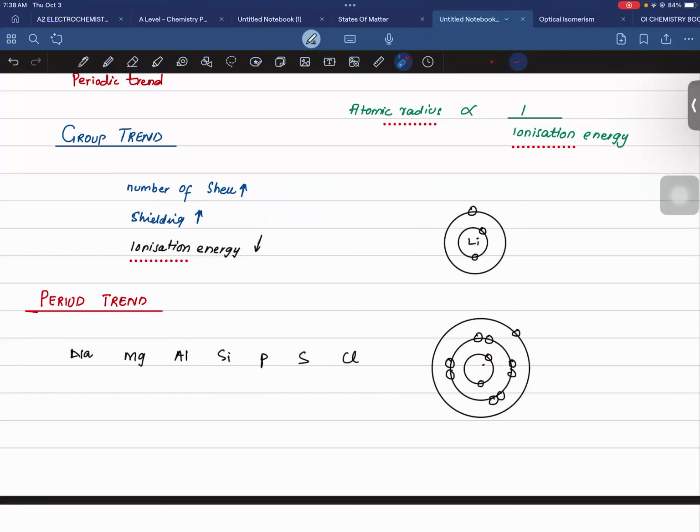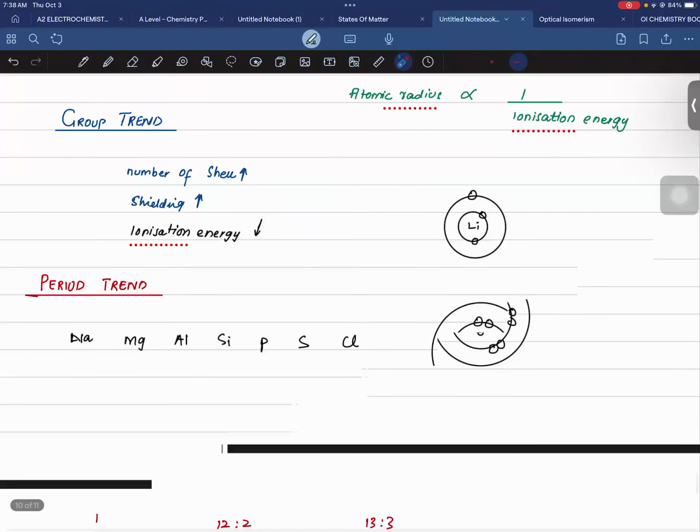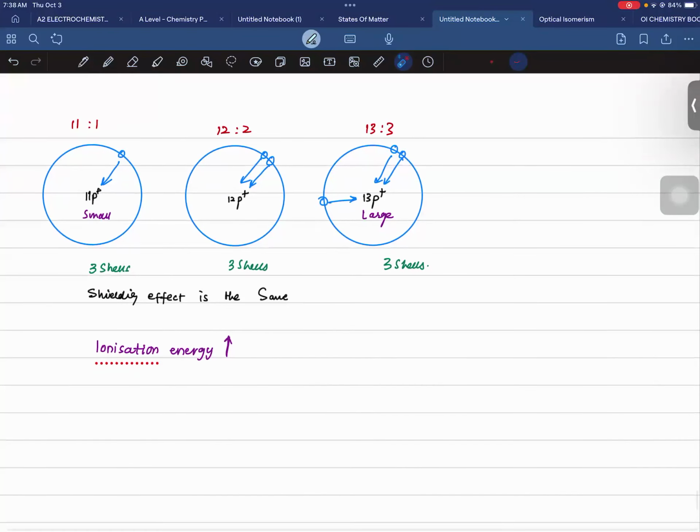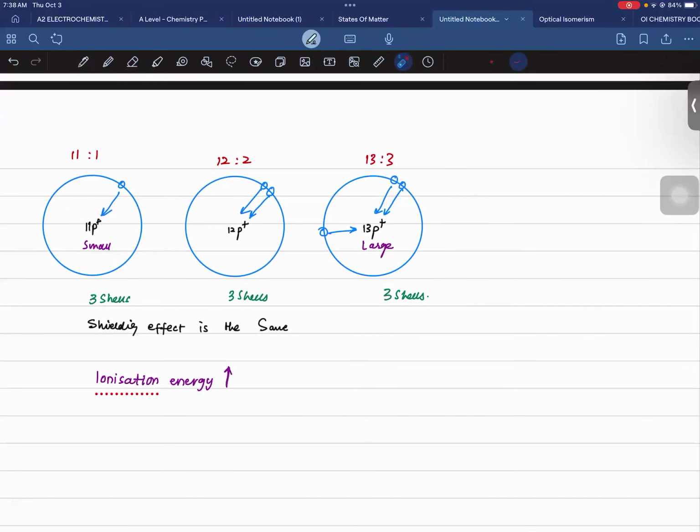When the attraction decreases, it would be easier to remove an electron. But what's happening over here? The attraction is going to increase due to the decrease in size. This is the reason ionization energy is going to increase.